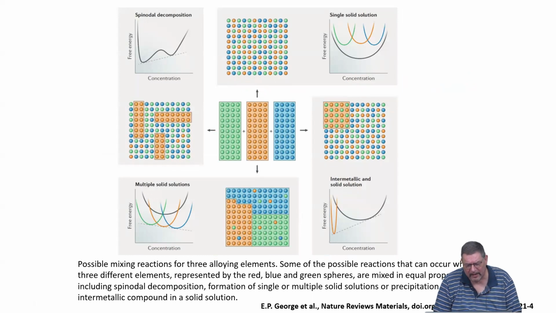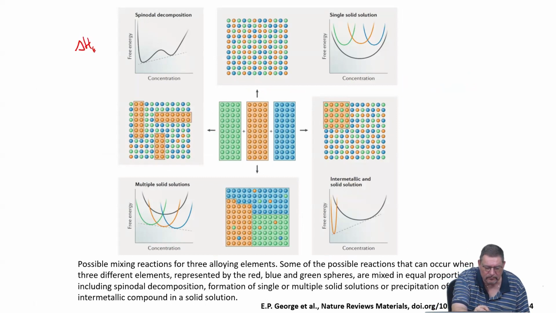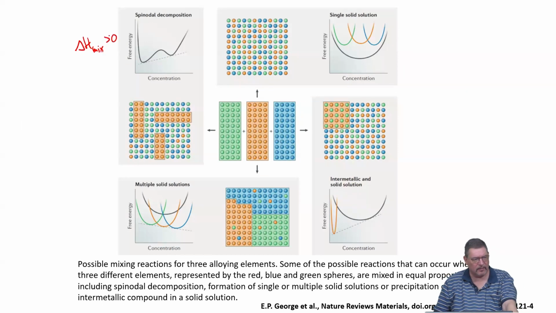If we place 3 different types of atoms onto a common lattice, so we form a solid solution, then different processes can occur. If we have slightly higher, positive mixing enthalpy, then we can, in the solid solution, get spinodal decomposition.